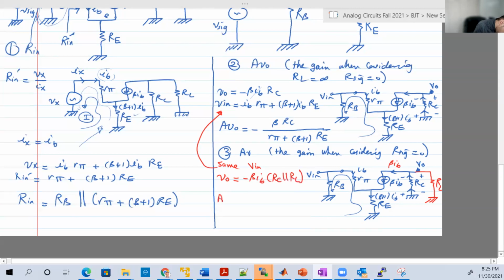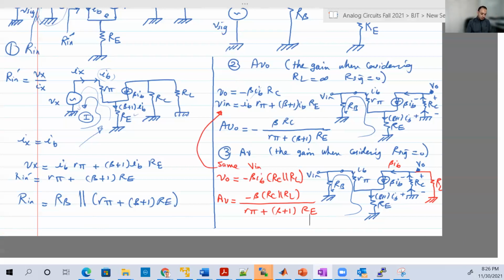So AV, when we divide, will be minus beta RC parallel RL over R pi plus beta plus 1 RE. That's basically AV.